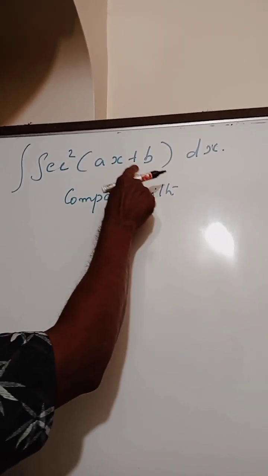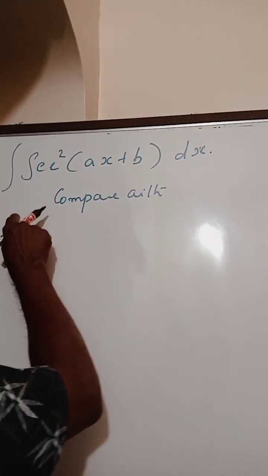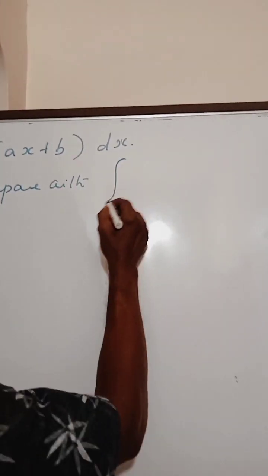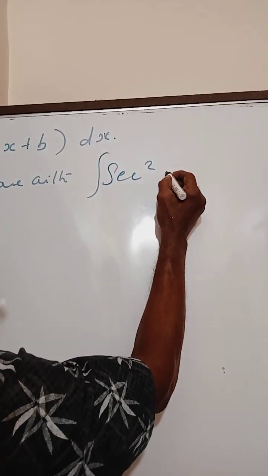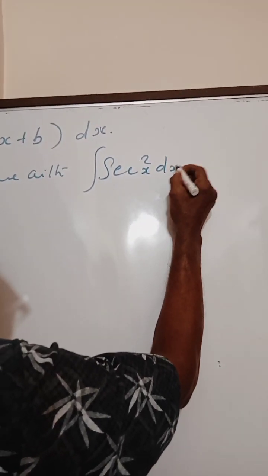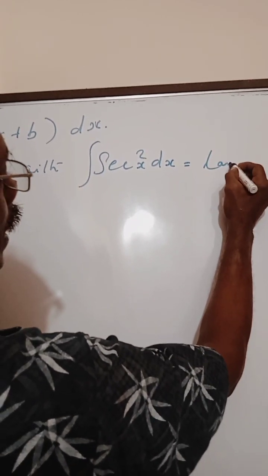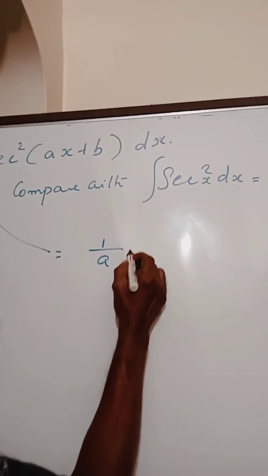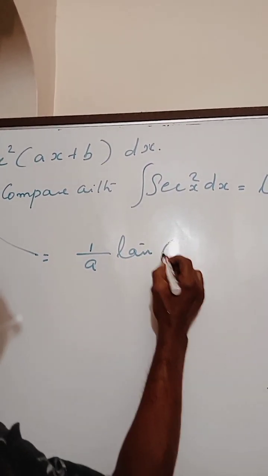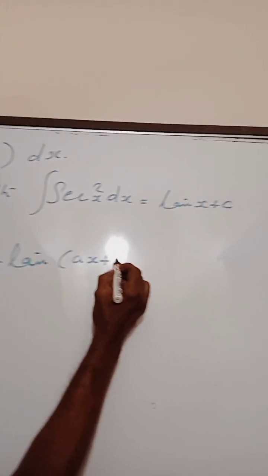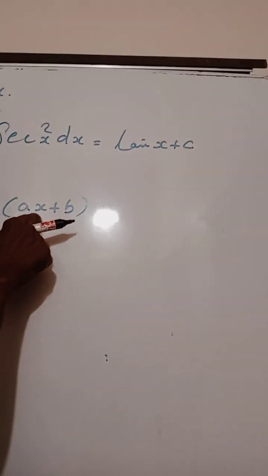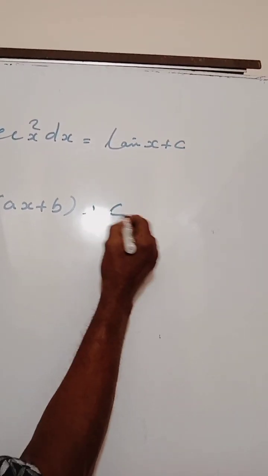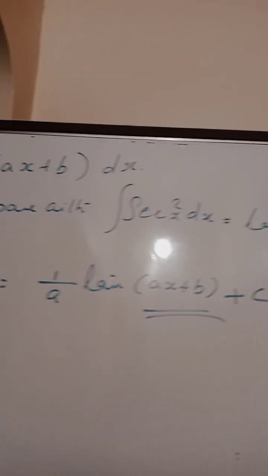Seventh one is integration of sec squared of ax plus b dx. This we have to compare with integration of sec square x dx is equal to tan x plus c. Therefore, this is equal to 1 by a into tan of ax plus b plus c. Instead of x, we have to put ax plus b.